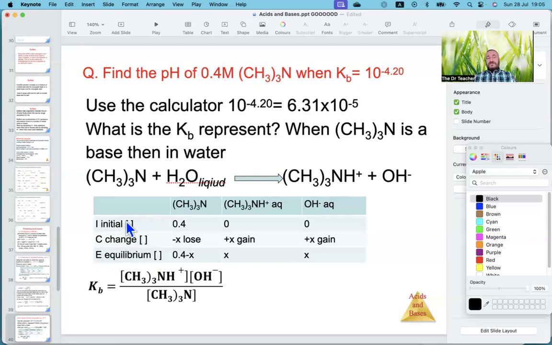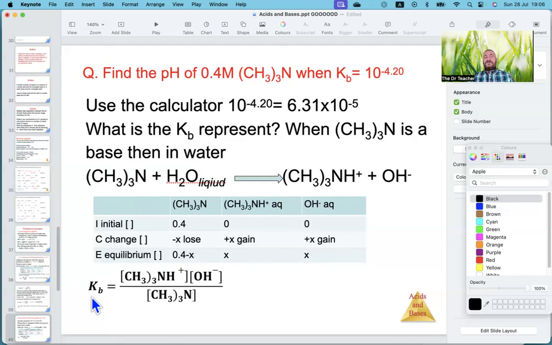Similarly, the initial concentration was 0.4, but I didn't have any concentration before for this and this. It will be 0. Okay, now after changing, this has lost, so we say minus x, but this appears as an x, and this as an x. After equilibrium, this is the initial minus the loss of x, and this is the gain x, x.